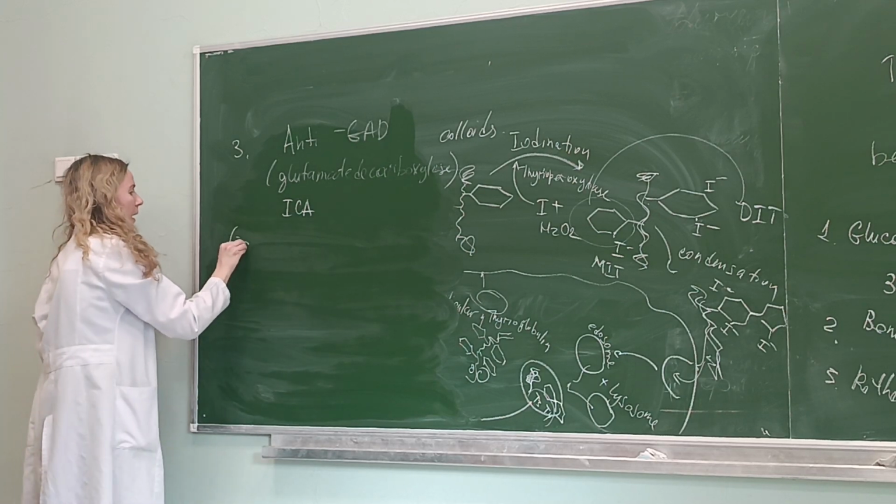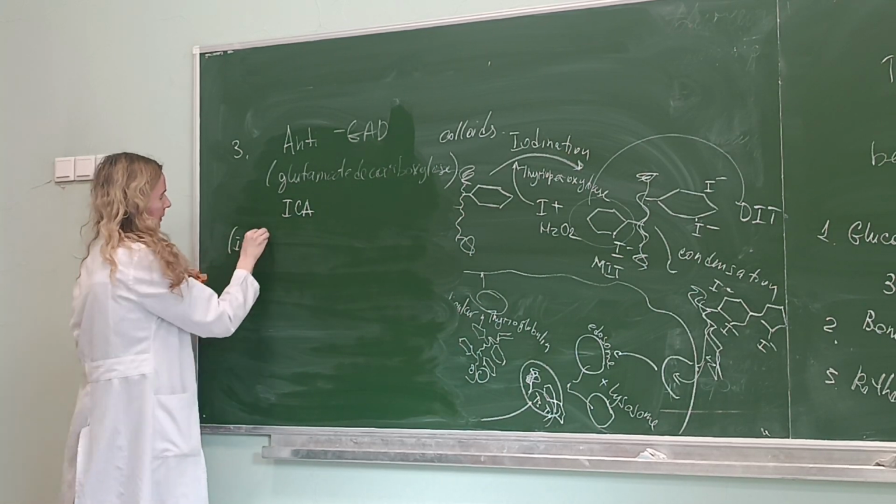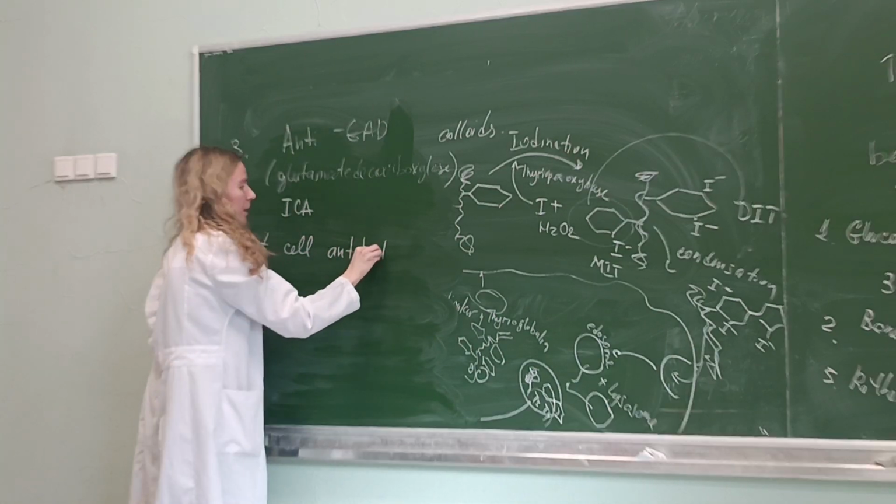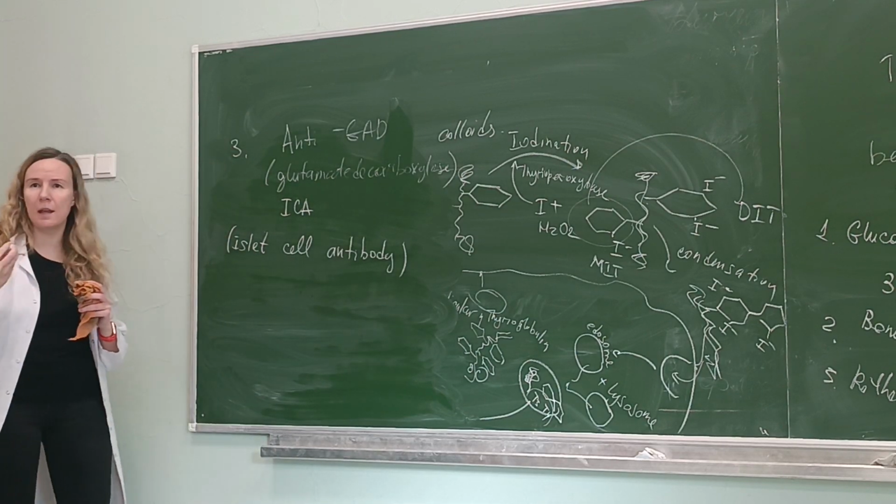ICA, islet cell antibody. This is a common antibody against beta cells.